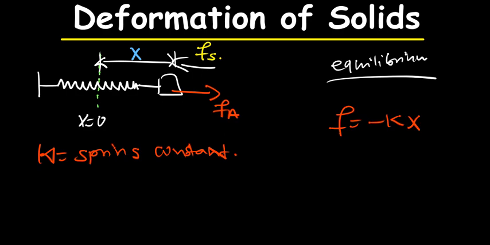If I make k the subject of the formula, and the k value is greater, what do we expect? If the k value is greater, we expect that our spring is going to be stiff. If the k value is less, we expect our spring to be loose.